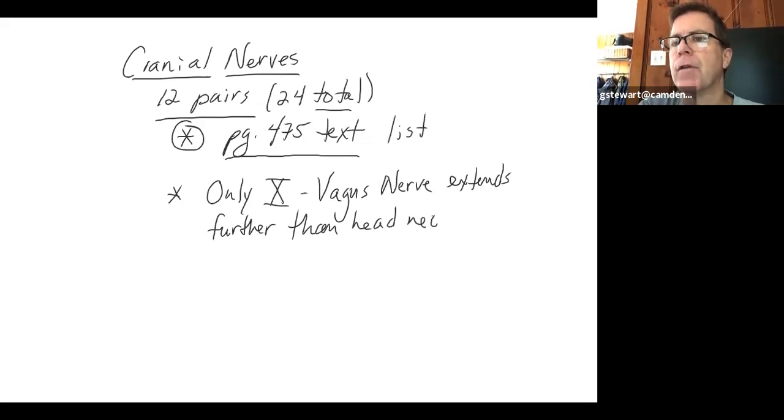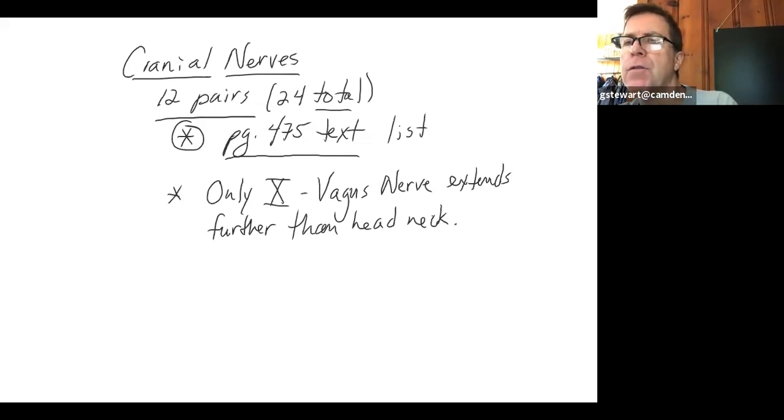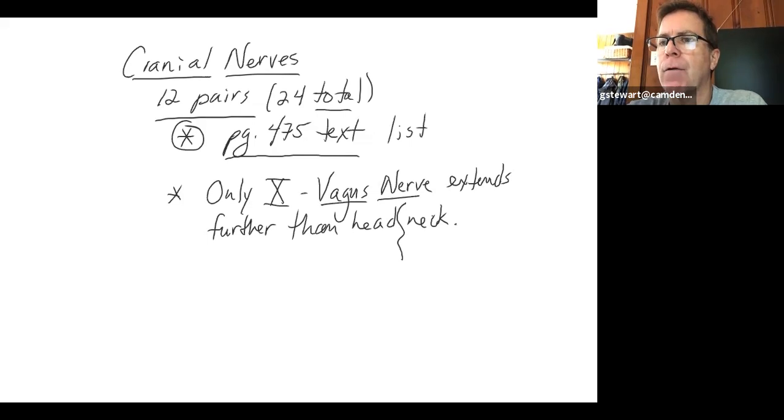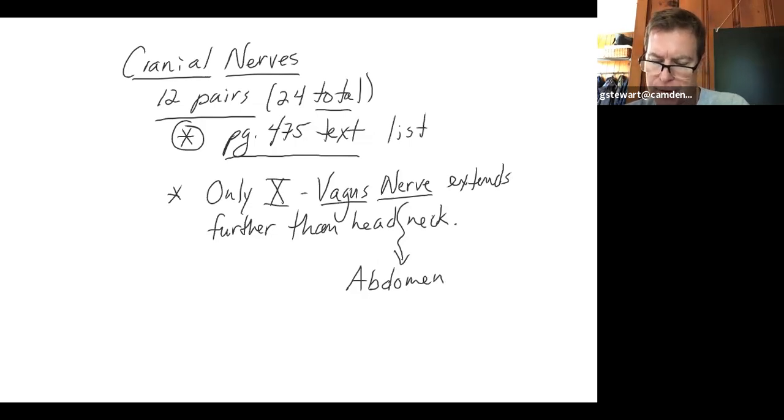So 11 of the 12 cranial nerves only do their business in the cranium, in the head and the neck. Only the vagus nerve, number 10, extends all the way down into the abdominal cavity.